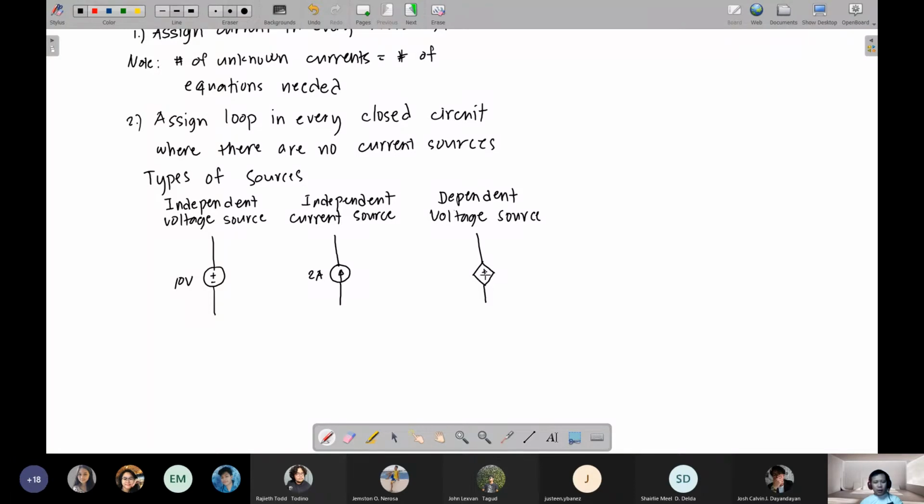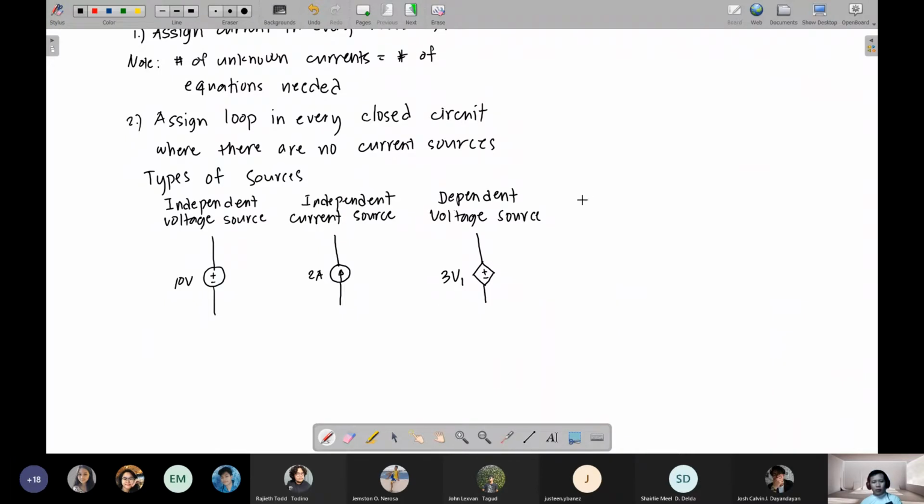So this will be plus minus. It's dependent, meaning it's dependent on other areas. Let's say, for example, its value is 3V1. So this voltage source is dependent on the value of V1. Whatever the value of V1, multiply it by 3, that would be the value of this dependent voltage source. Okay? So naka-pasabot na.